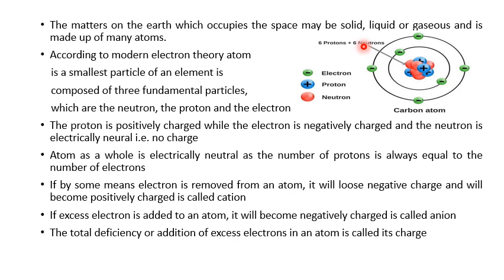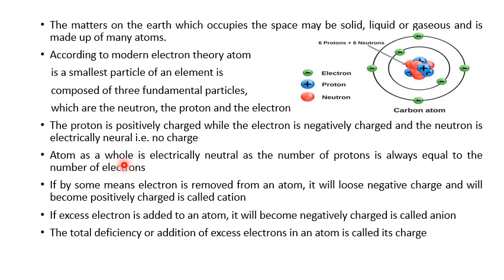Now let me discuss the charge of each particle. The proton is a positively charged particle, the electron is a negatively charged particle, and the neutron is electrically neutral. Electrically neutral means there is no charge.